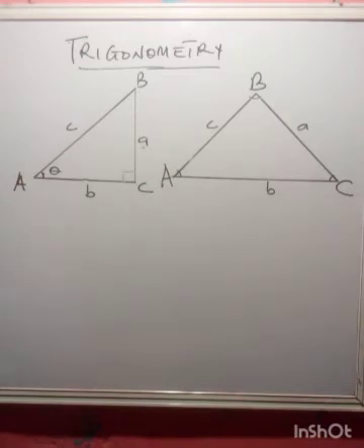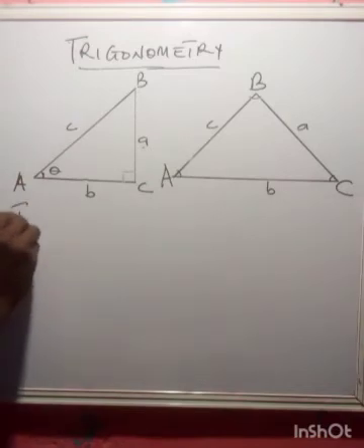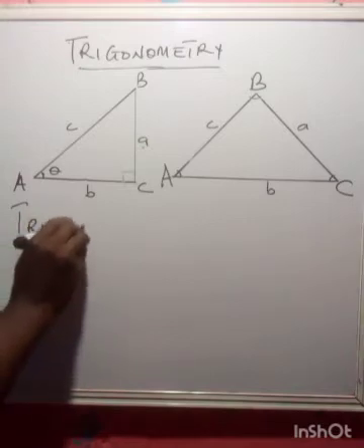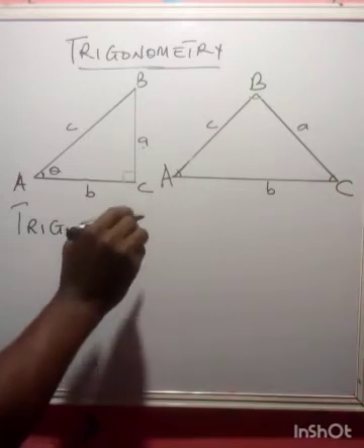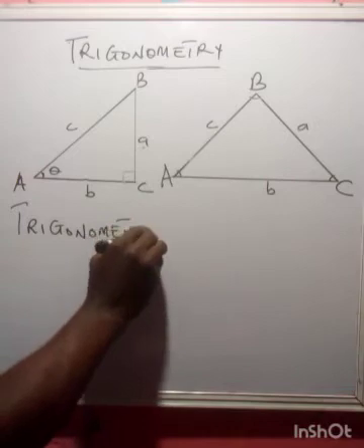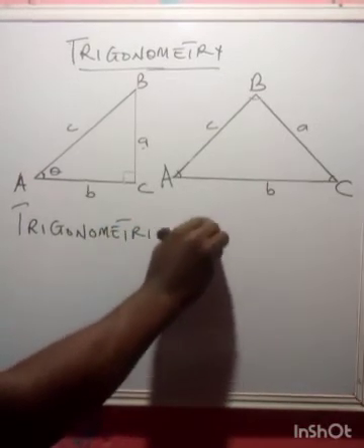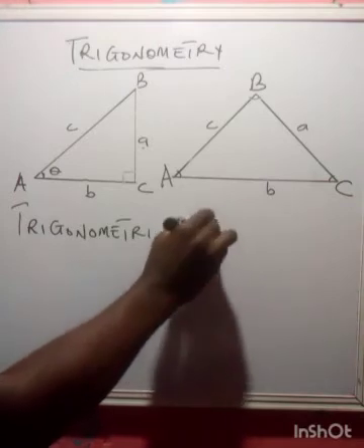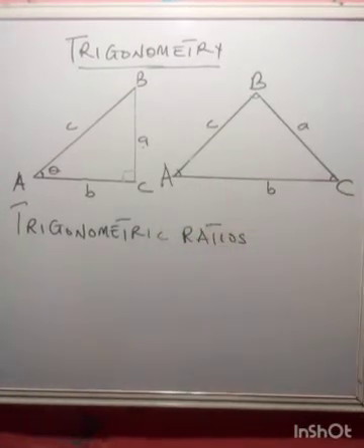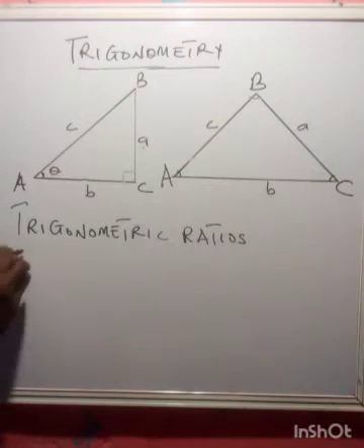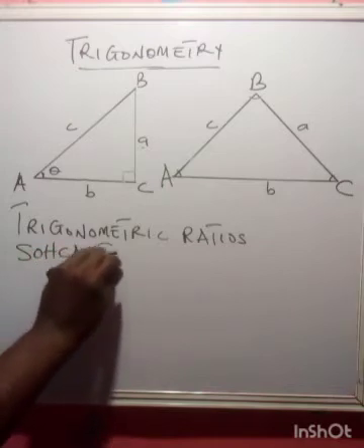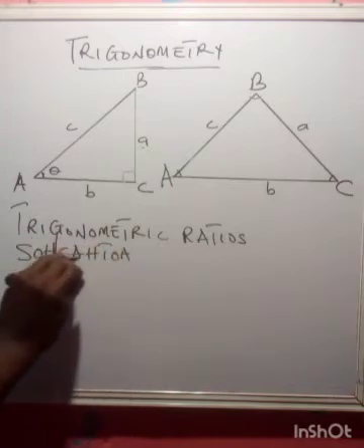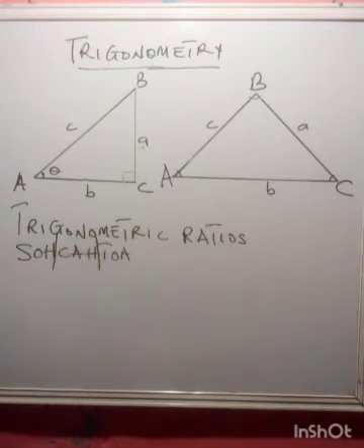Now, for the trigonometric ratios, we can use the abbreviation SOH CAH TOA.